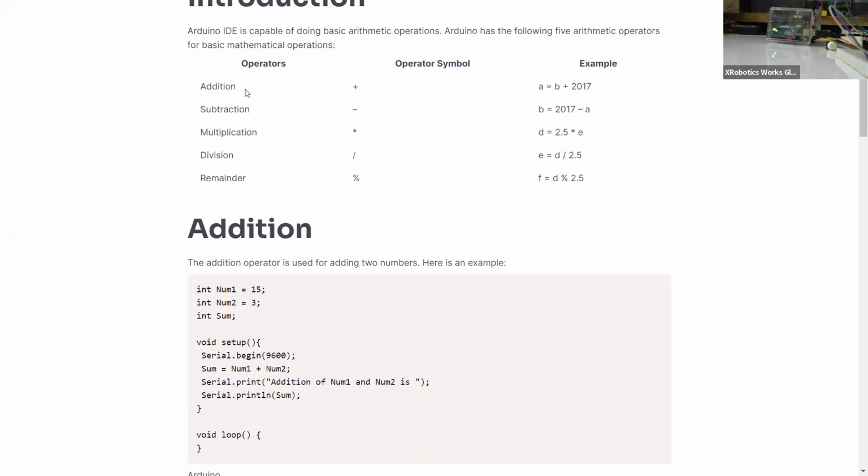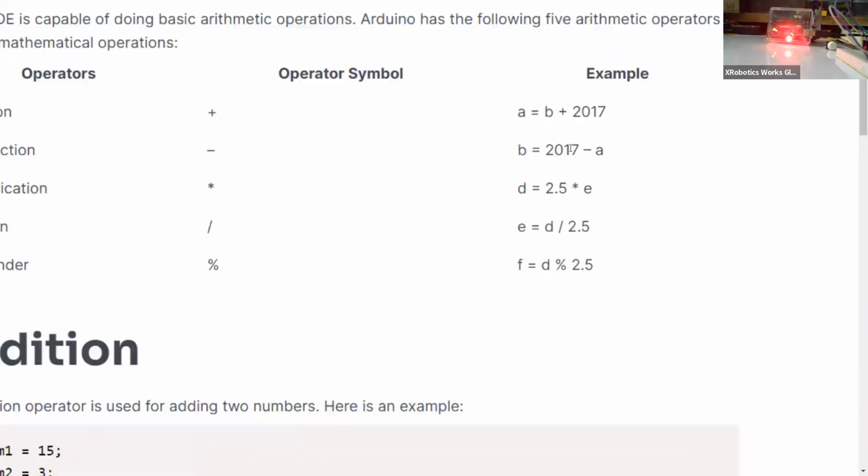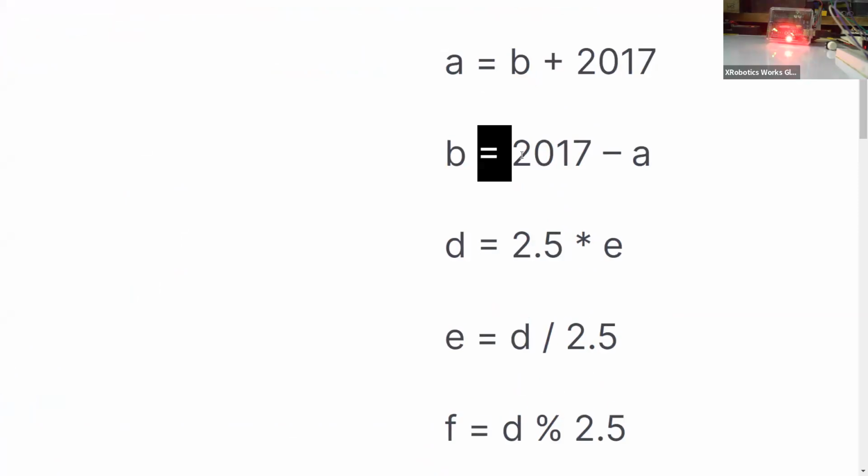To do addition, the operator symbol is plus, which is available on your keyboard, and the example is A = B + 2017. Subtraction is the same, with the minus symbol, and B = 2017 - A. You will notice that there is one space between the equal sign and the operands, always one space around the operators. So whenever you use any operators, you should give one space.